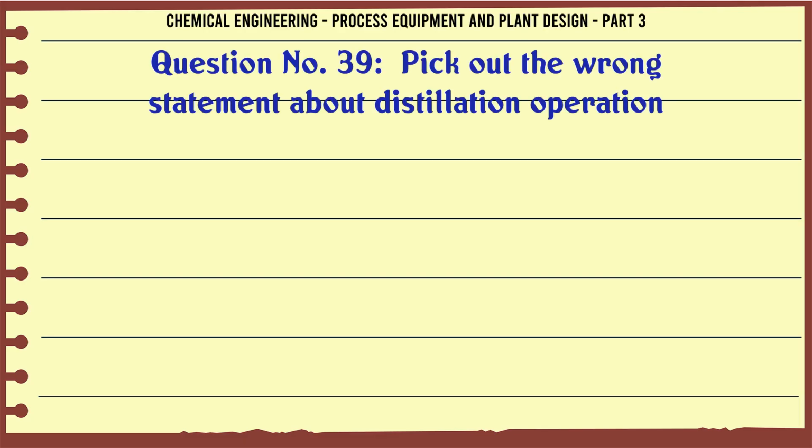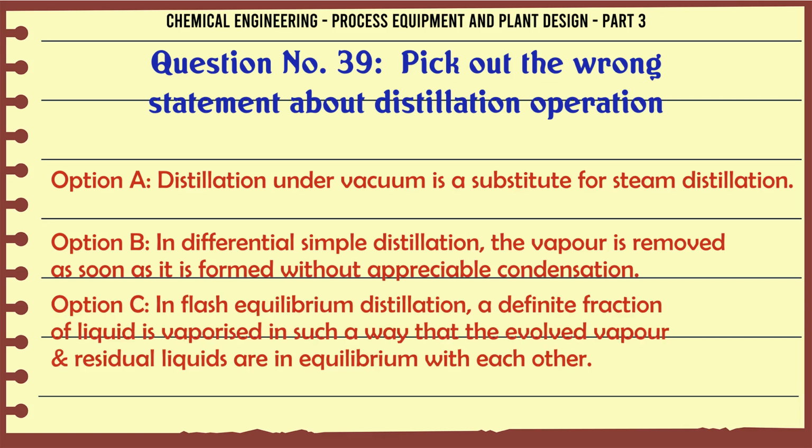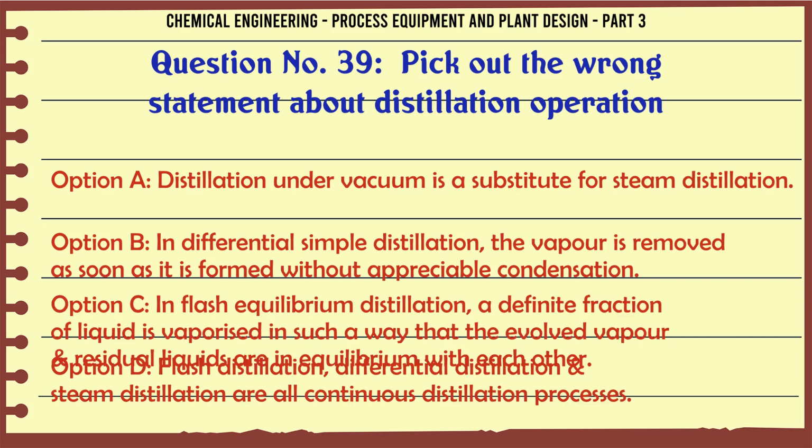Pick out the wrong statement about distillation operation. A. distillation under vacuum is a substitute for steam distillation. B. in differential simple distillation, the vapour is removed as soon as it is formed without appreciable condensation.